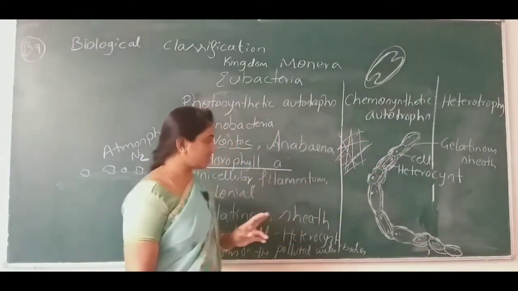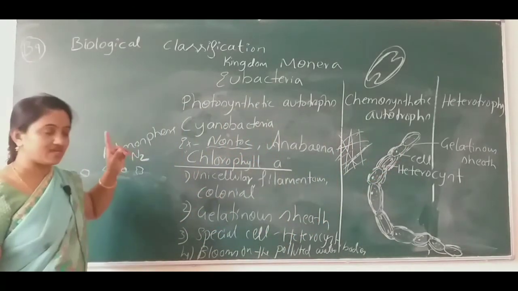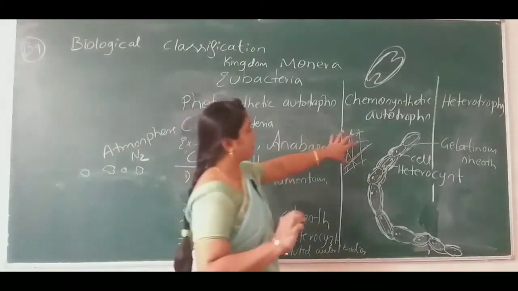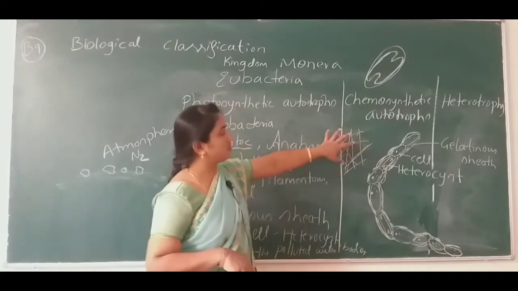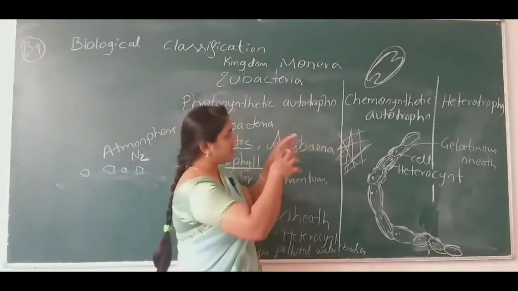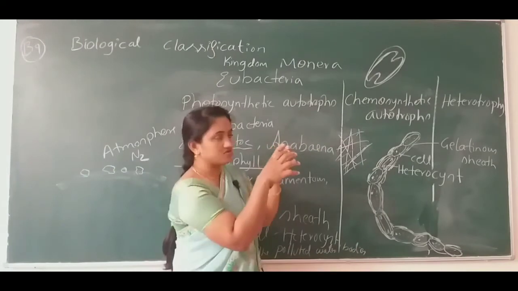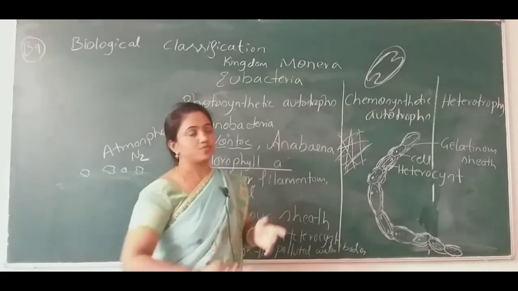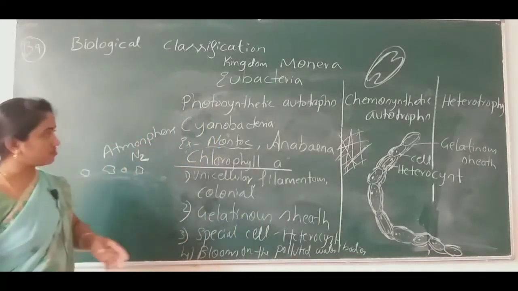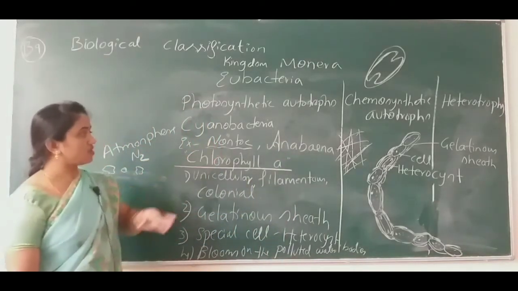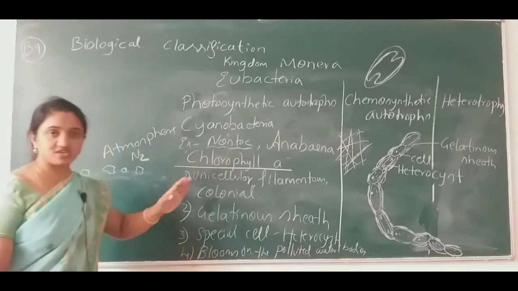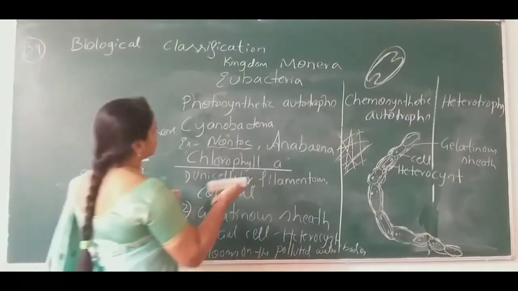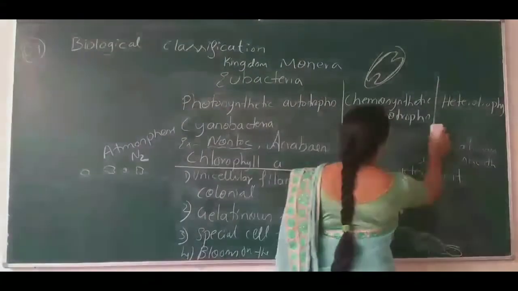Those heterocysts fix the atmospheric nitrogen. If a number of filamentous Nostoc form on polluted water bodies, they look like a bloom. Okay, so these are the features of Nostoc, and they come under the photosynthetic autotrophs.